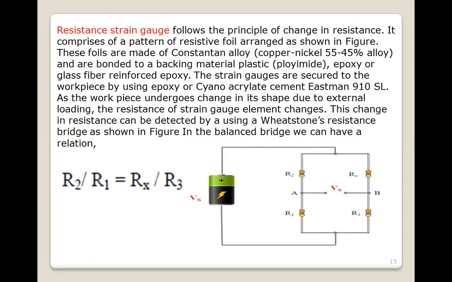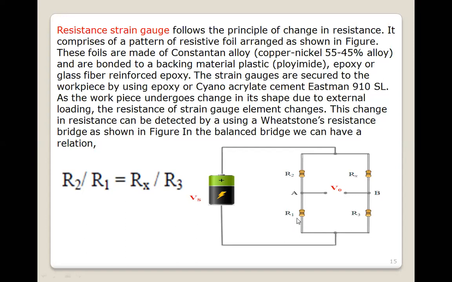So the strain gauge is secured to the workpiece by using epoxy or cyanoacrylate Eastman 910 SL. As the workpiece changes in its shape due to external loading, the resistance of the strain gauge element changes. Okay, so this change in the resistance can be detected by using the Wheatstone bridge shown in the figure.